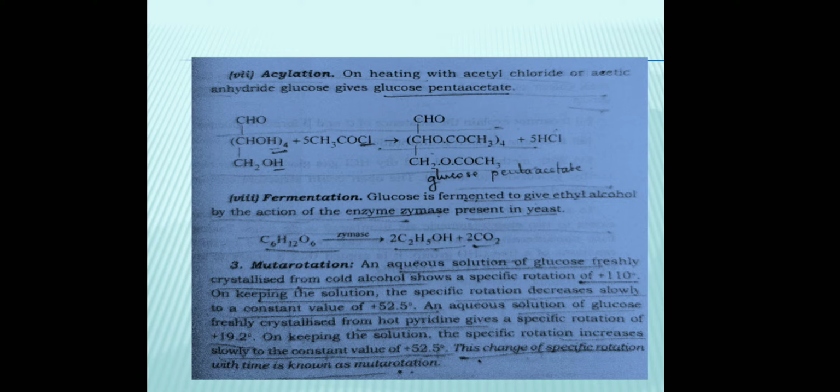But the aqueous solution of freshly prepared glucose crystallized from hot pyridine gives a specific rotation of plus 19.2. On keeping this solution, the specific rotation increases slowly to plus 52.5. That is, the value of plus 52.5 is the stable value of specific rotation for glucose. This change in specific rotation with time is known as mutarotation.